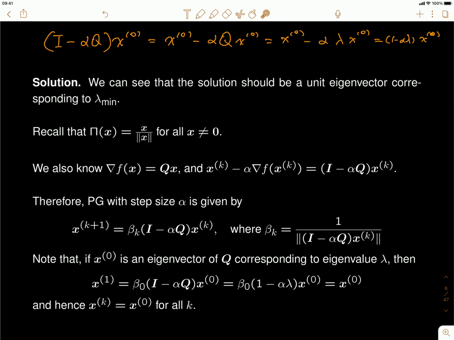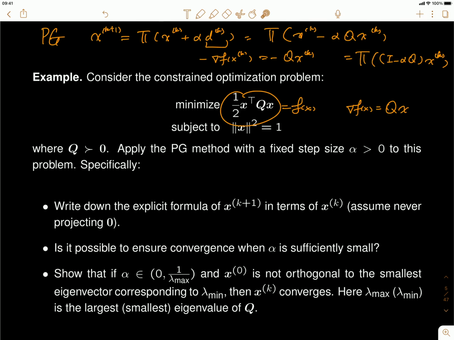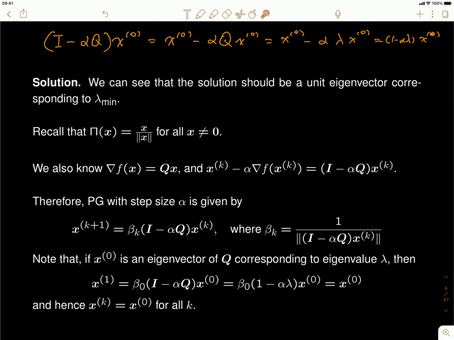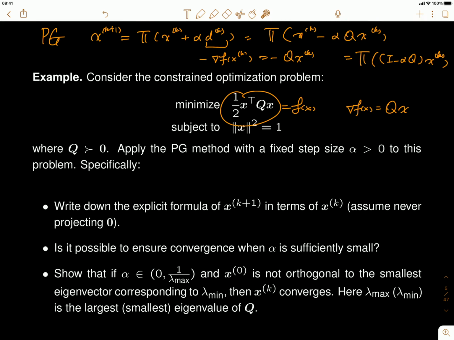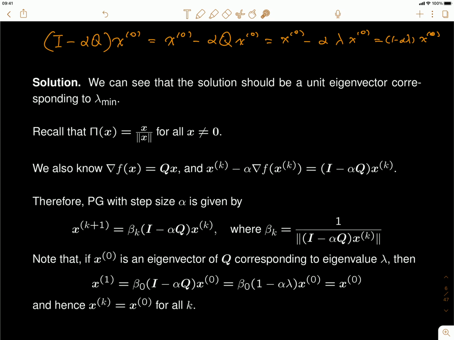And here, as we said, if x0 is orthogonal to the smallest eigenvector corresponding to lambda star, what that means is x0 is spanned only by the eigenvectors corresponding to eigenvalues not equal to lambda min, then we will show that starting from such a point, we will never get convergence.